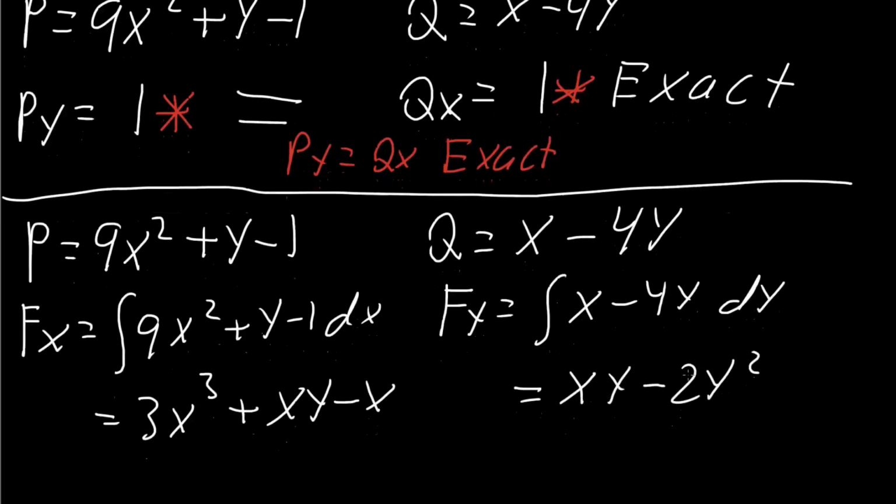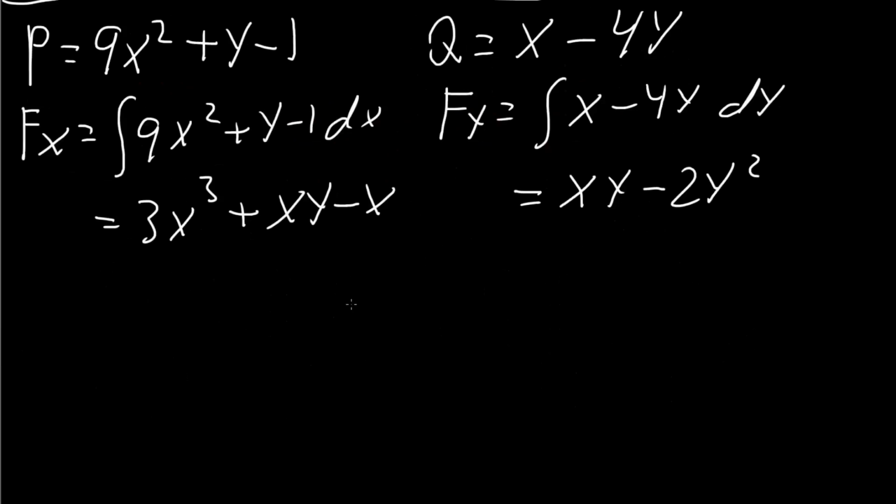So we almost have the answer. And so we now take the unique terms from both of these equations. 3x cubed is unique. Next is x times y. That's unique, but we only write it once since we have it here also. And minus x is also unique.